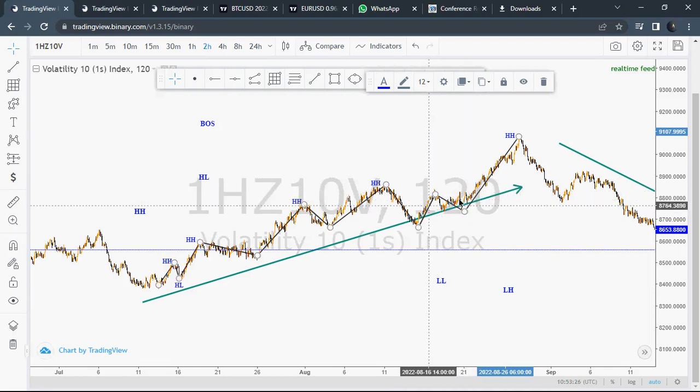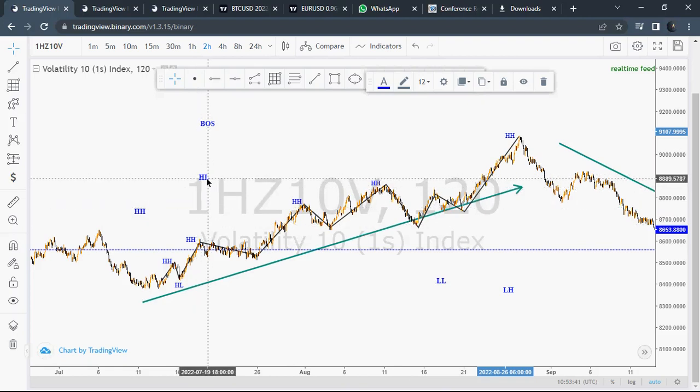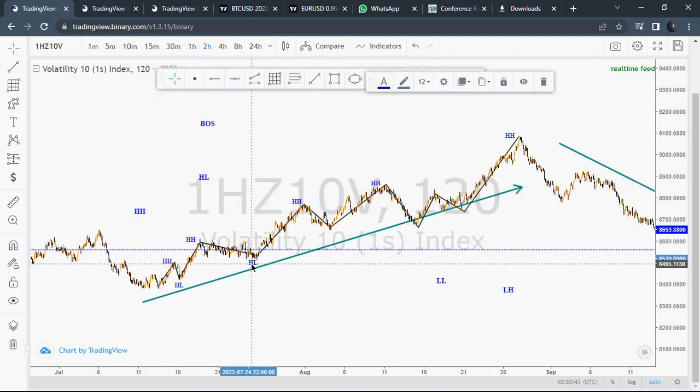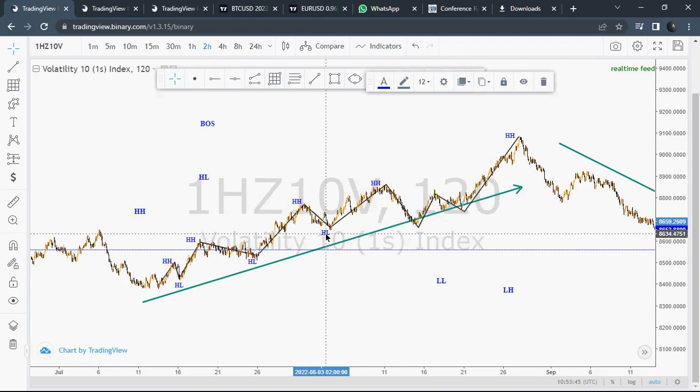Though if we look at a lower time frame, this is a 2 hour time frame. Now on a lower time frame, this will certainly be a higher high. But based on the fact that we're working with a 2 hour time frame, this cannot be referred to as a higher high. So we now have a higher low here.